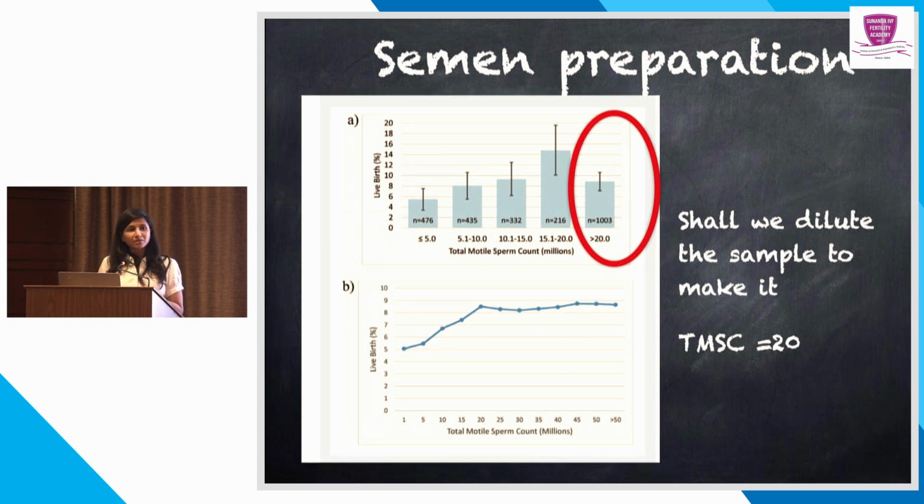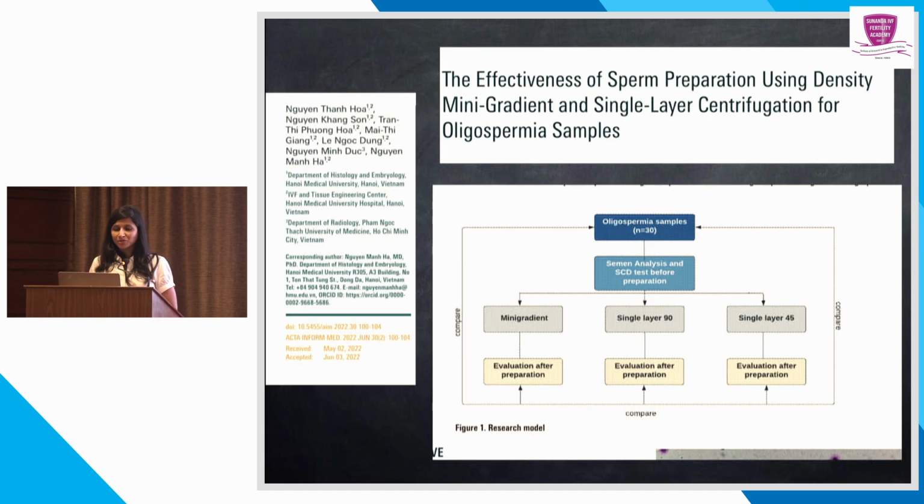They gave an explanation that when you have a high sperm count, the density gradient method or centrifugation will release a lot of ROS, and that may hamper the acrosome reaction or capacitation of the sperm, and that is why, if you see in this particular graph, there is lower success of IUI when there is a high sperm count. So should we dilute the sample? But there are no studies available that when there is a high sperm count, you dilute the sample and take a smaller sample to increase the success of IUI.